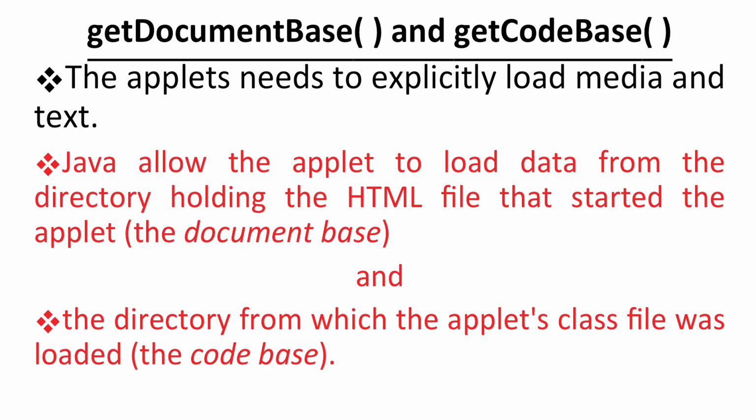Suppose we are importing any coding file, any class file, then we require getCodeBase, and if we are importing simply any document file, any text file, then it is getDocumentBase. So, this is the clear difference between getCodeBase and getDocumentBase.